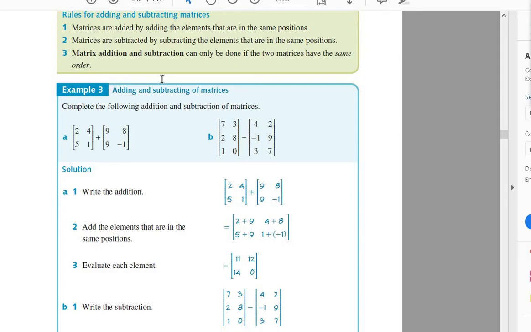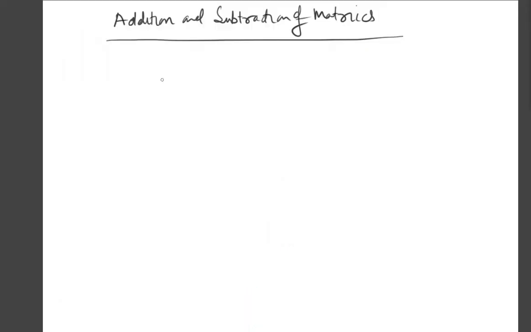Now, the very, very basic ground rule for addition and subtraction of matrices is that the order of the two matrices that we are adding or subtracting should be the same.